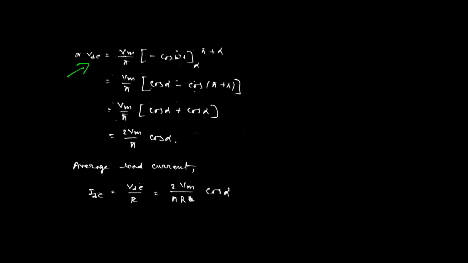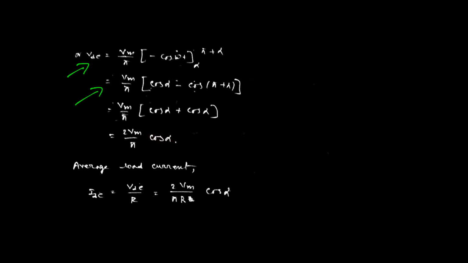VDC should be equal to Vm by pi integration of sine omega t, that will give us minus cos omega t, and consider the limit that is alpha to pi plus alpha. So after modification we will get Vm by pi, minus cos omega t, that is cos alpha minus cos pi plus alpha, that will give us cos alpha plus cos alpha, or 2 cos alpha.